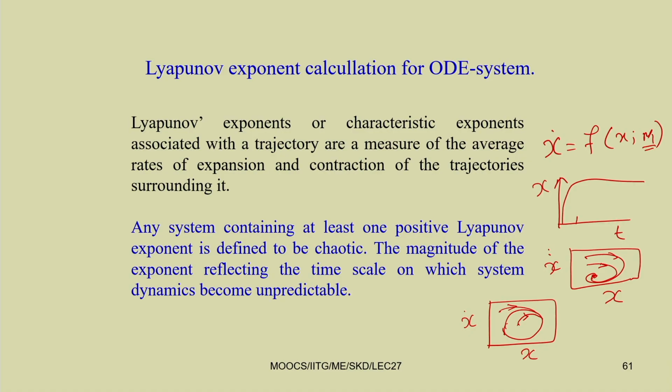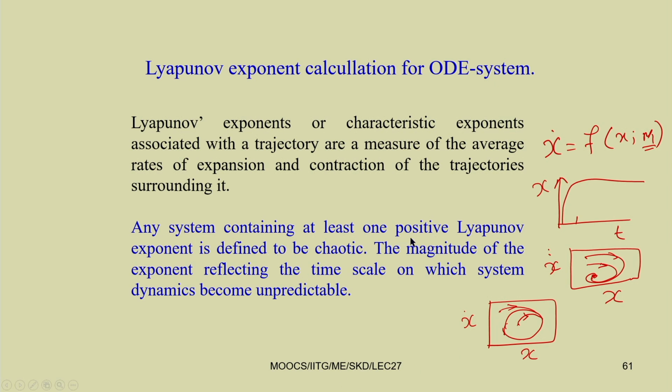To study this deviation in the trajectory, whether they are coming closer or going away, the average rate of expansion or contraction of the trajectory, generally we use this Lyapunov exponent.